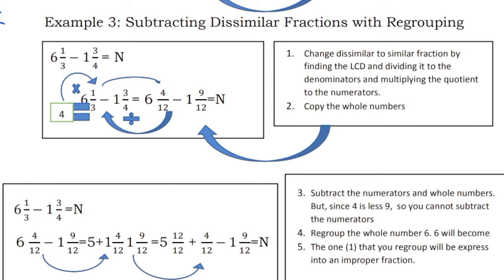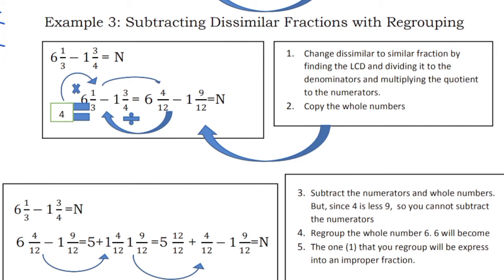We have 3 divided by 3, that is 1. 4 divided by 3 cannot be, so just copy the 4 here. Then 1 divided by 4 cannot be, so just copy; 4 divided by 4 is 1. So we now have the continuous division 1 1.